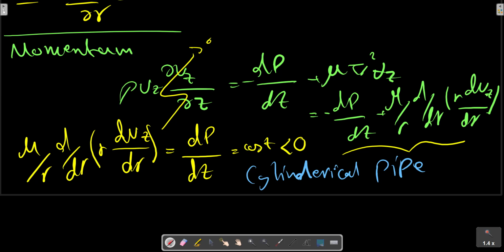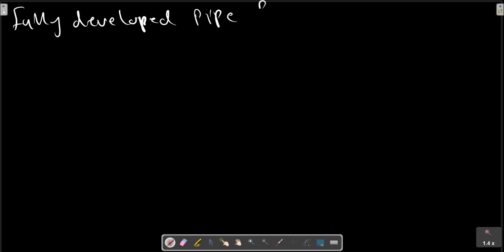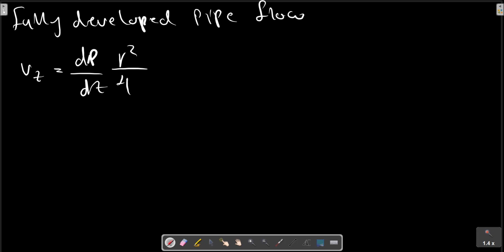With integration of the pipe flow equation we can obtain Vz equals dP/dz r² over 4μ plus C1 ln r plus C2, where C1 and C2 are constants.